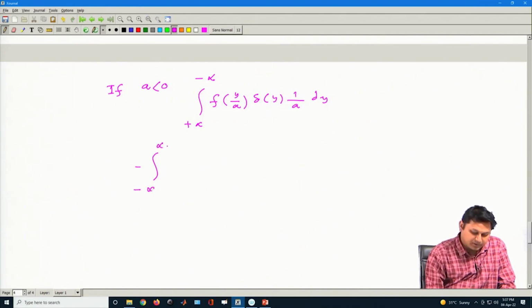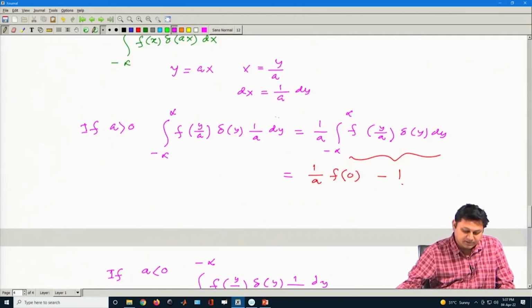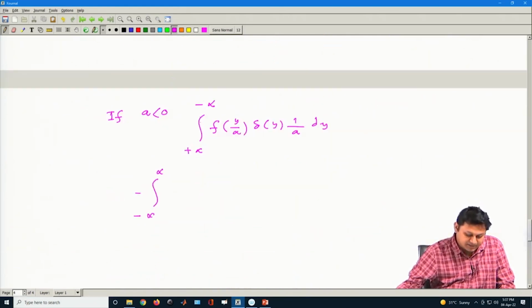Because here a is negative, it means when we make the transformation y is equal to ax and a is negative, when x tends to infinity, y goes to minus infinity and vice versa. That is why there is a change in the limit.